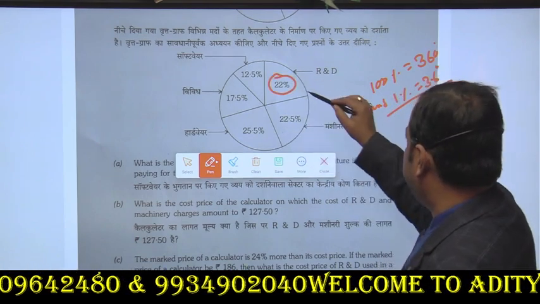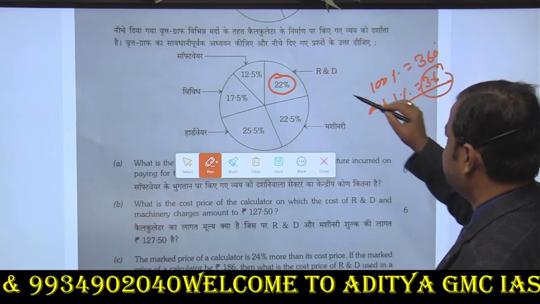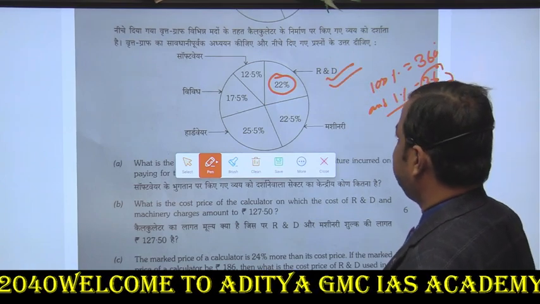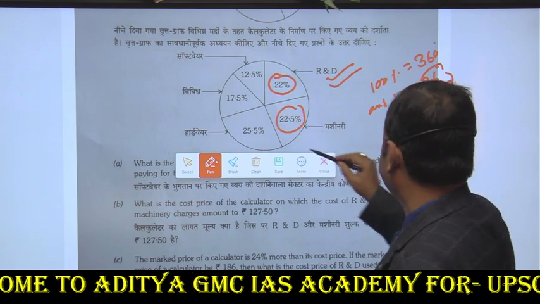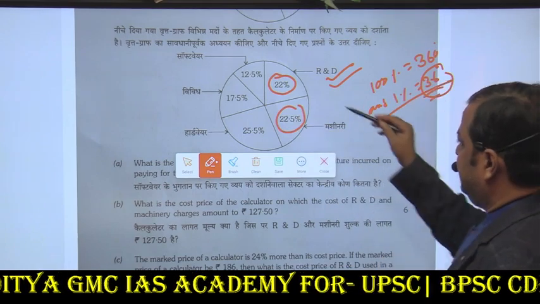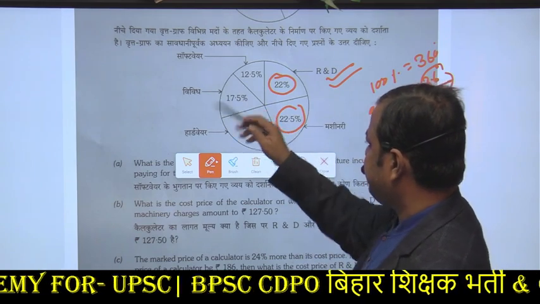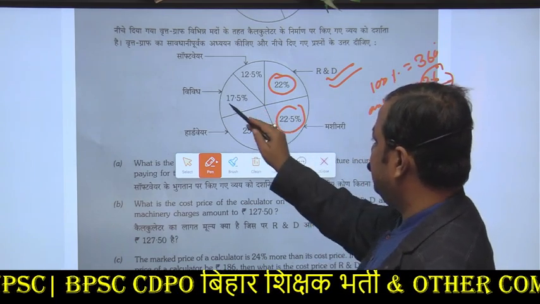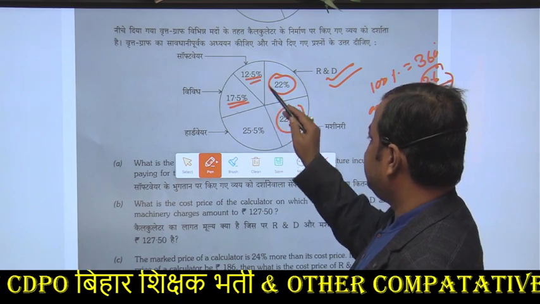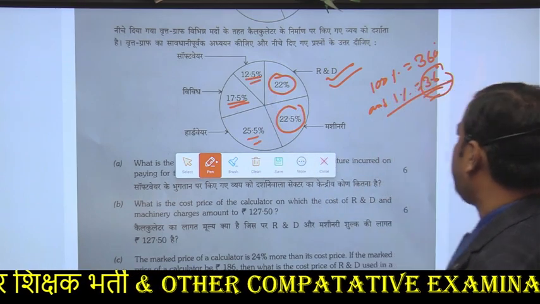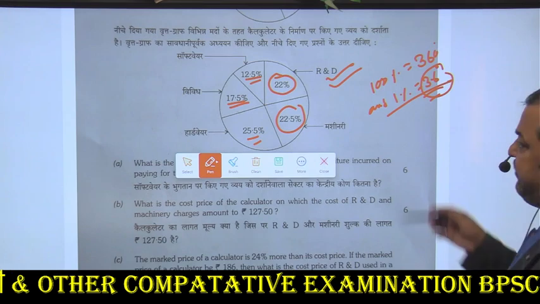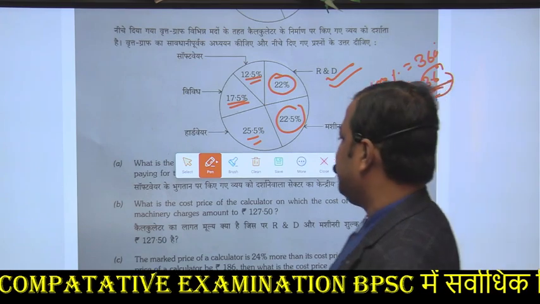This percent multiplied by 3.6, so central angle of this part, this percent multiplied by 3.6, central angle of machinery part, and this sector is multiplied by 3.6. Every part central angle we obtained.